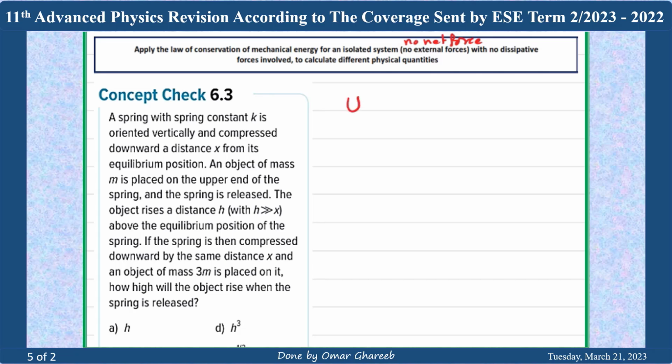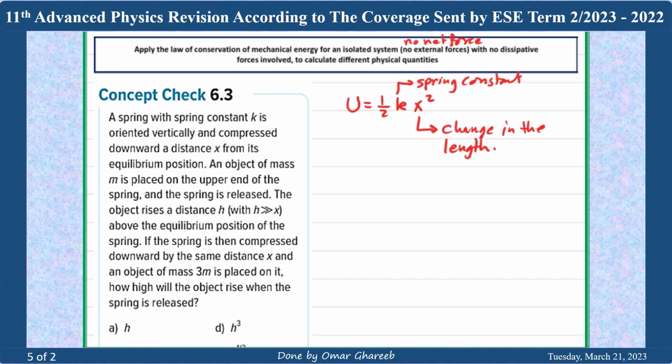Elastic potential energy is 1/2 K x squared, where K is the spring constant and x is how much the compression or expansion is. So it is the change in the length. It may be compression or expansion.